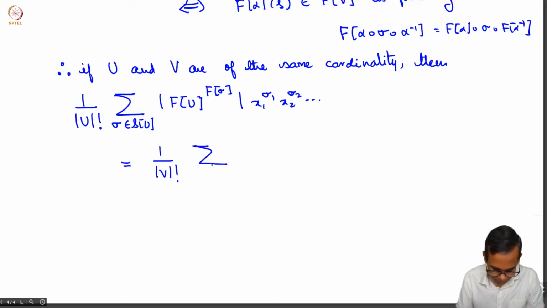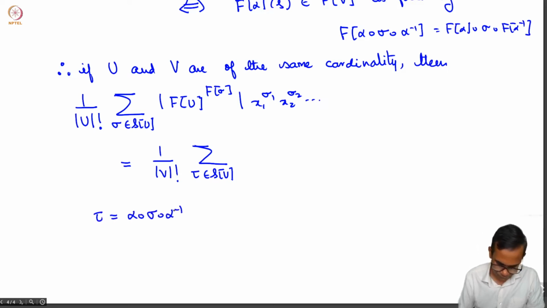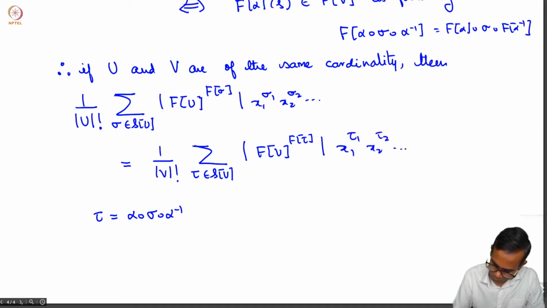Now we can take tau belonging to S_V, and these tau are all of the form alpha circle sigma circle alpha inverse. Then we take the F[V]-invariant points of F[tau], and then x1 to the tau 1, x2 to the tau 2, and so on.